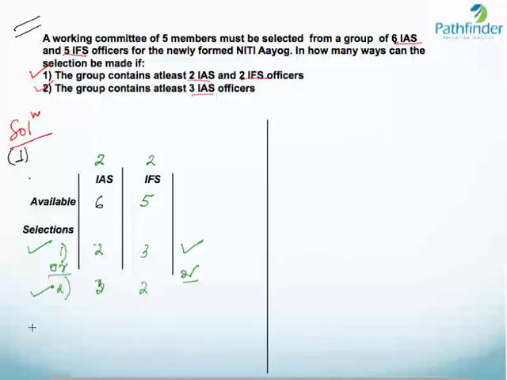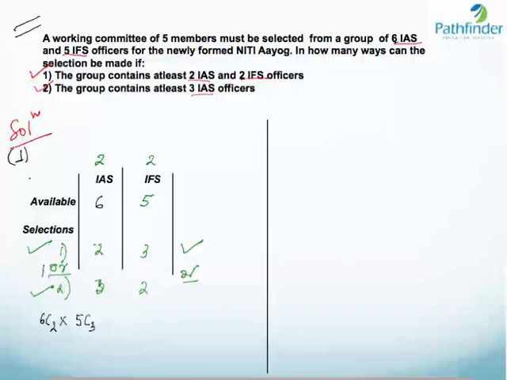So in how many ways can you select 2 IAS out of 6? We can do that in 6C2 ways, multiplied by, in how many ways can you select the 3 IFS officers out of 5? That can take place in 5C3 ways.